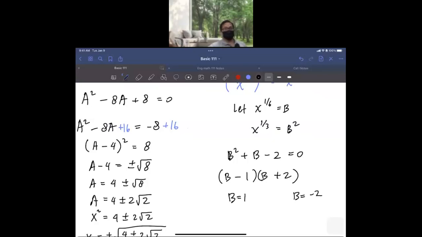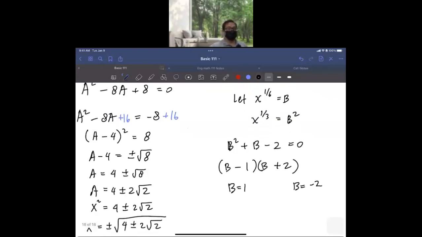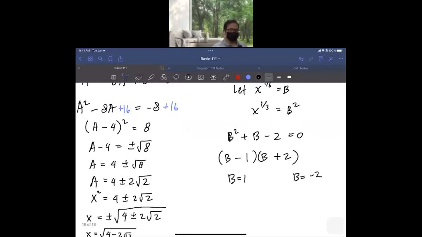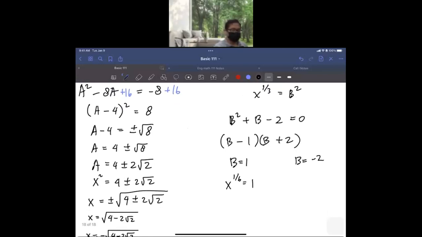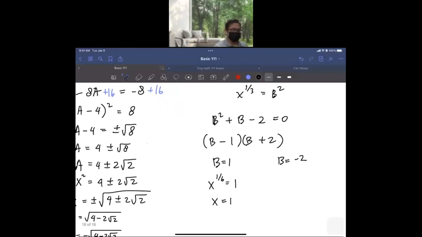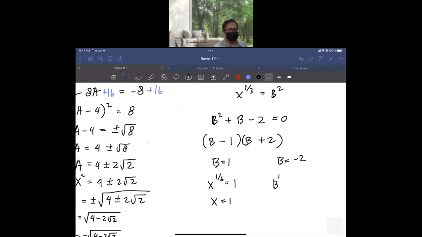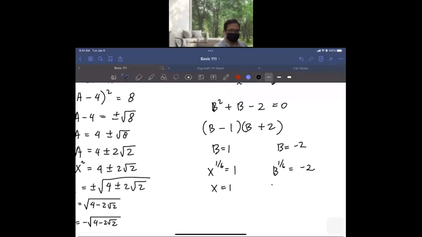But it's still b. We need to make x. So this will be x to the 1/6 is 1, and it's just 1. Easily we can say that. And the other part, this is going to be -2.